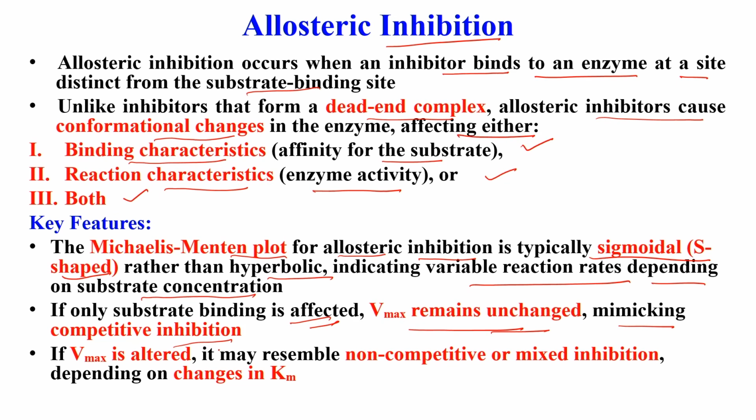this mimics the cooperative inhibition, and when Vmax is altered, it may resemble non-competitive or mixed inhibition depending on the change in the value of Km. So, again if you remember, if Vmax remains unchanged, it is following competitive inhibition, and when Vmax is altered, it is following non-competitive or mixed inhibition.